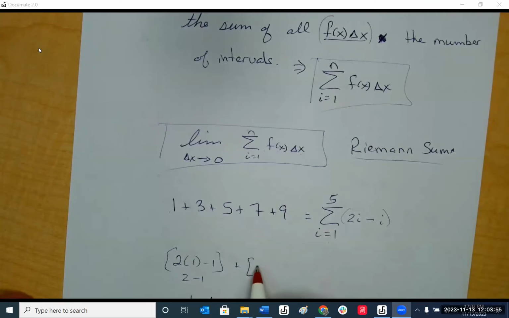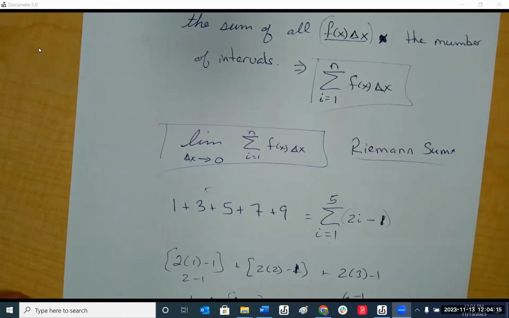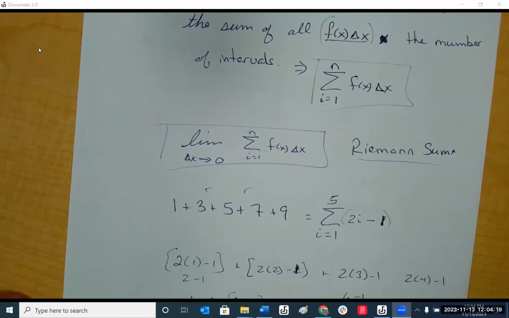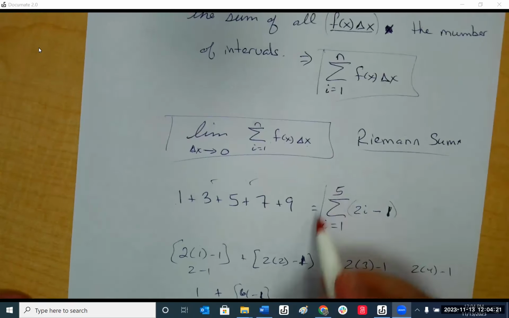Plus 2 times 2 minus 2. Does that work? 4 minus, nope. So instead of i, how about minus 1? 2 times 2 minus 1 is 3. That works. 2 times 3 minus 1, 6 minus 1 is 5. Check. 2 times 4 is 8, minus 1 is, yep. So here's one formula.